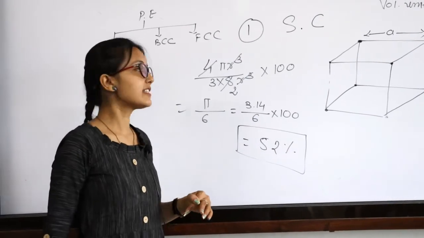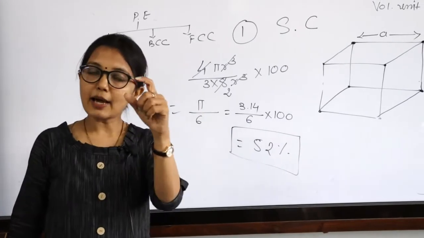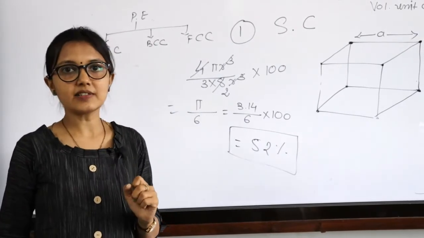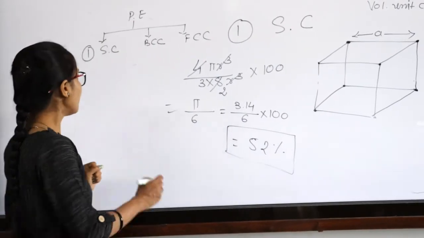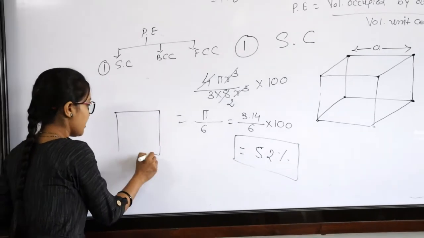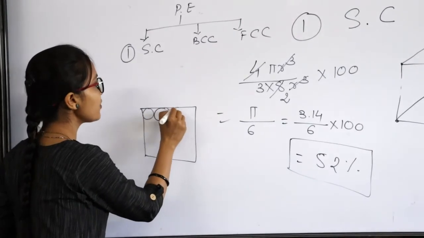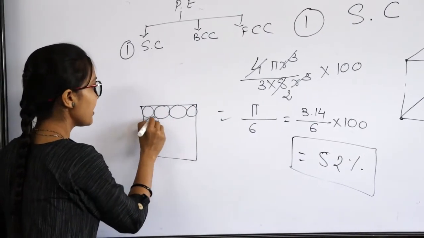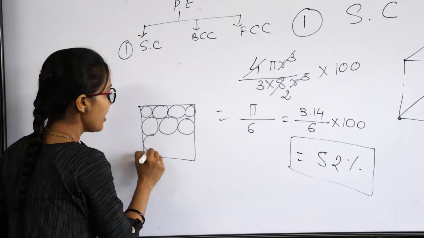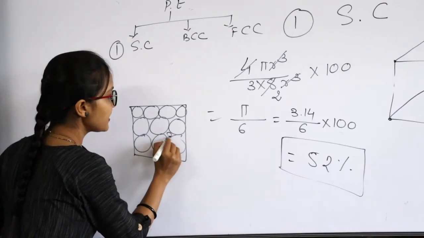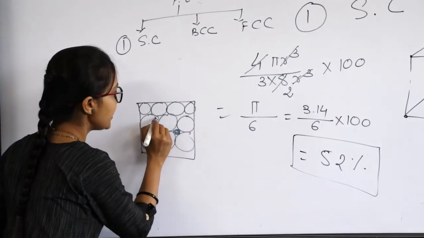Voids means a gap or distance is present between atoms. This one indicates voids. And you know friends, when this one is a square and whole atoms are attached with each other like this, between them this gap indicates voids.